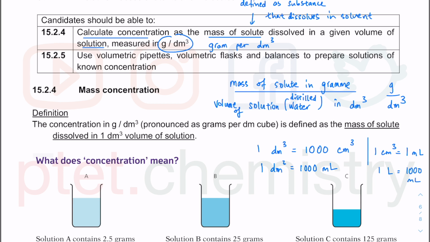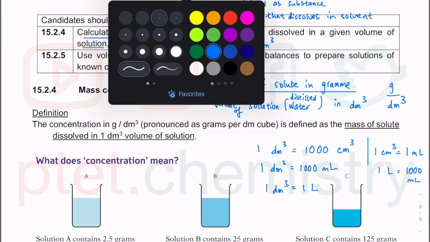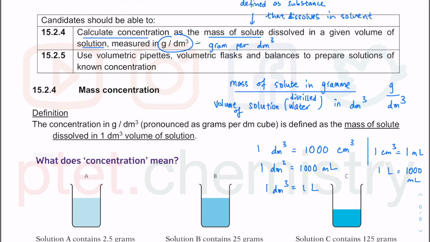So 1 dm cube basically means 1 liter. However, in chemistry, we specifically are told in the syllabus we need to use gram per dm cube. Just so you know, 1 liter is quite a big amount. It's about double the size of a typical 500 ml bottled water drink.